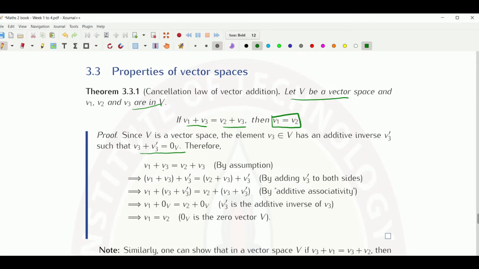Therefore v1 plus v3 is equal to v2 plus v3 by assumption. So let's add v3 prime to both sides and conclude it with (v1 plus v3) plus v3 prime and (v2 plus v3) plus v3 prime by additive associativity. So it will be v1 plus the zero vector is equal to v2 plus the zero vector. So by this it is proved that v1 is equal to v2, because 0 is the zero vector.